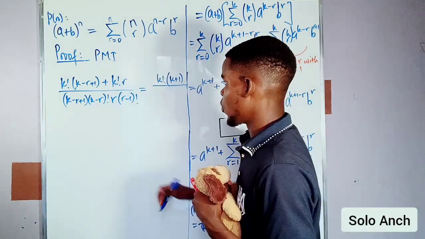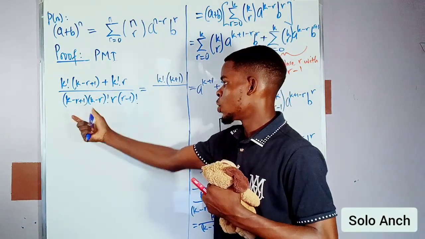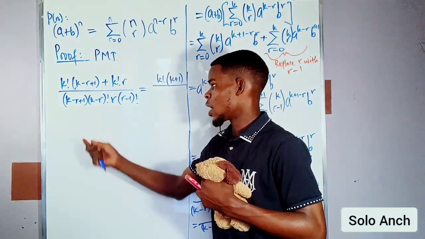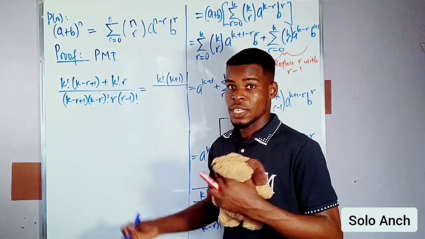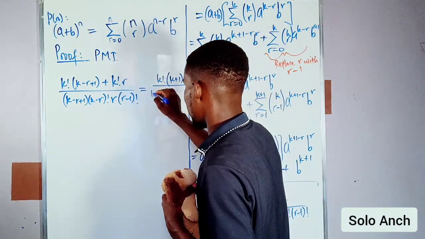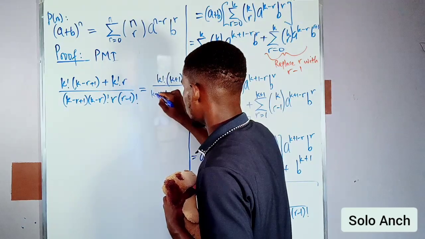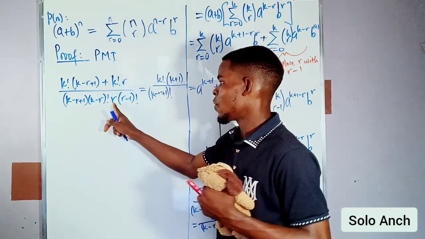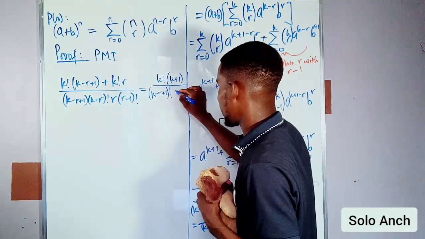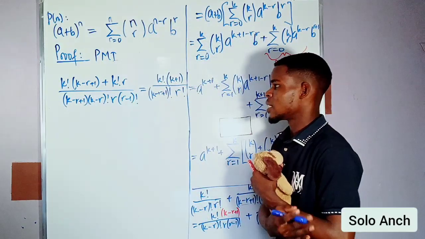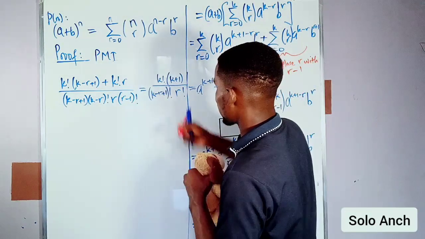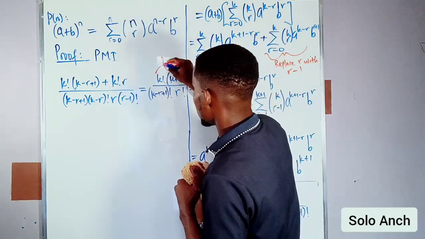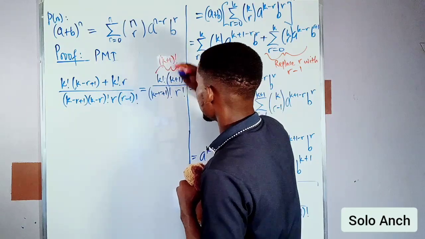Notice that I can rewrite k minus r plus 1 times k minus r factorial as just k minus r plus 1 factorial. Then we have r times r minus 1 factorial, which is the same thing as r factorial. In fact, the top, k factorial times k plus 1, is just k plus 1 factorial. That is k plus 1 factorial. How do you know that?